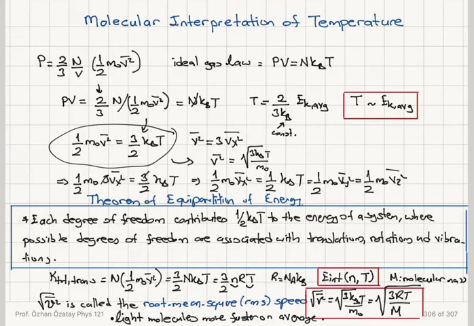For example, if you look at the composition of our atmosphere, we find that we have very little hydrogen or helium, because hydrogen and helium are the lightest possible molecules. So on average they have higher speeds and they can escape the gravitational field of the Earth quite easily. So that leaves us with very little hydrogen or helium in the Earth's atmosphere.